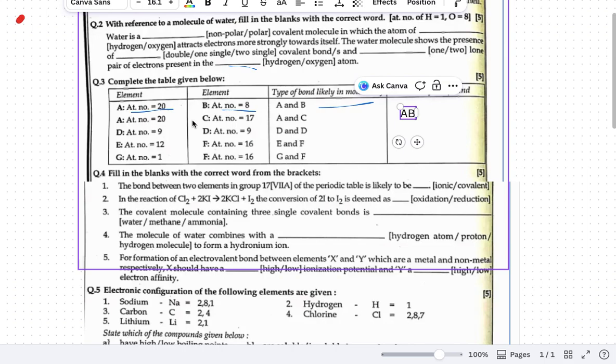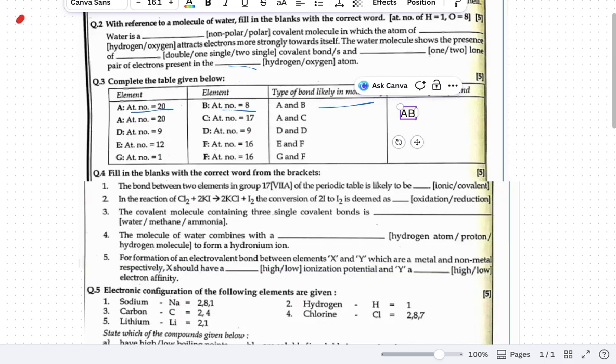Next, A has atomic number 20 and C has atomic number 17. So 2, 8, 8, 2 and 2, 8, 7, and here also we have one metal and one non-metal with a big difference in electronegativities, so here again the bond is going to be ionic and it is going to be AC2.